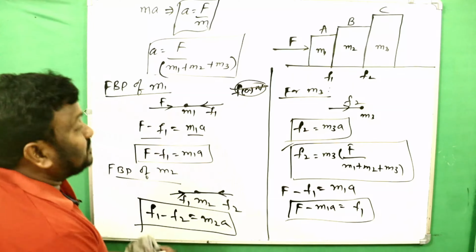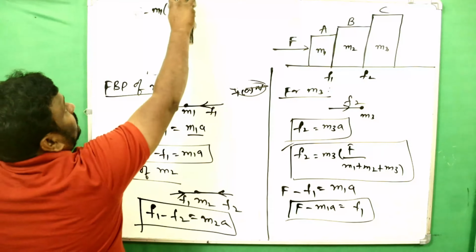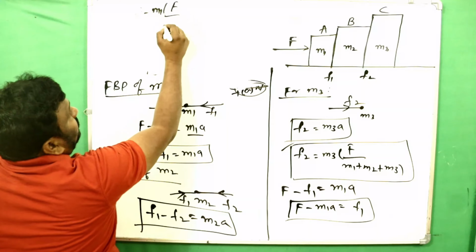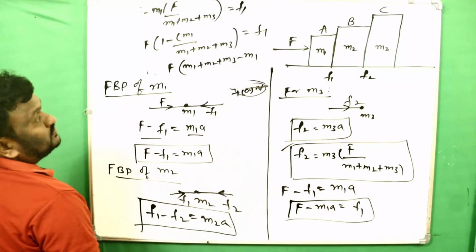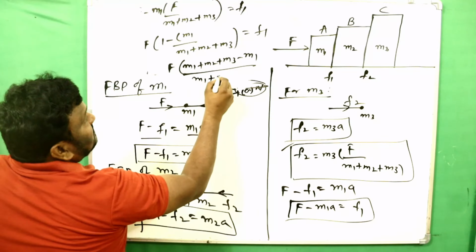Okay, clear. So we have to write F by m1 plus m2 plus m3 equal to f1. Then F is common. What you have is F times 1 minus m1 by m1 plus m2 plus m3 equal to f1. So F of m1 plus m2 plus m3 minus m1, over m1 plus m2 plus m3, equals f1.